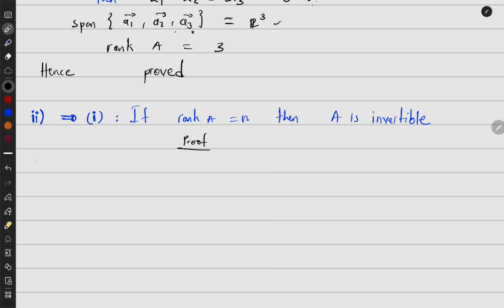Just like I've already said, you suppose that the rank of A equals n. So we want to show that A is invertible. You can write it, or keep it in mind, it's okay.